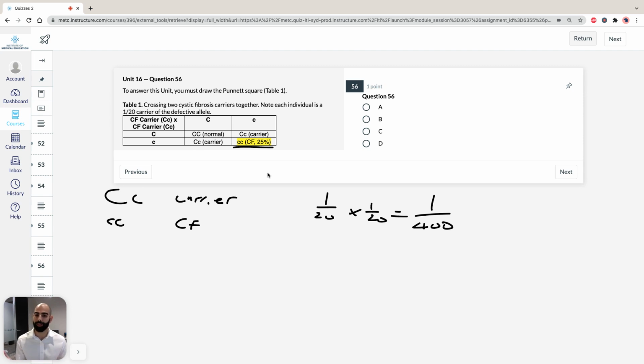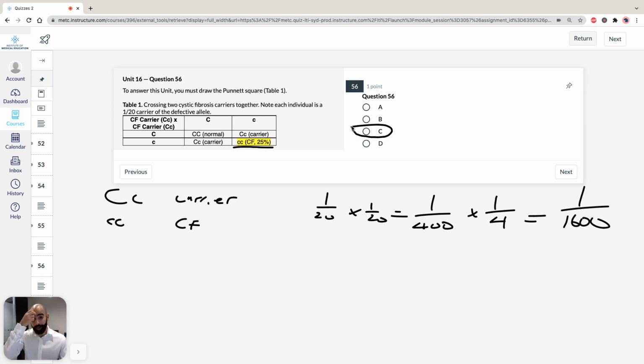What we're looking for is specifically if the child is going to have cystic fibrosis. In this instance, we know that it's a 25% chance we're going to get cystic fibrosis. So that means it's going to be 4 times less likely than the population. If we times it by a quarter, it's going to be a 1 over 1,600 chance. And that's our answer. So the answer for 56 has to be C.